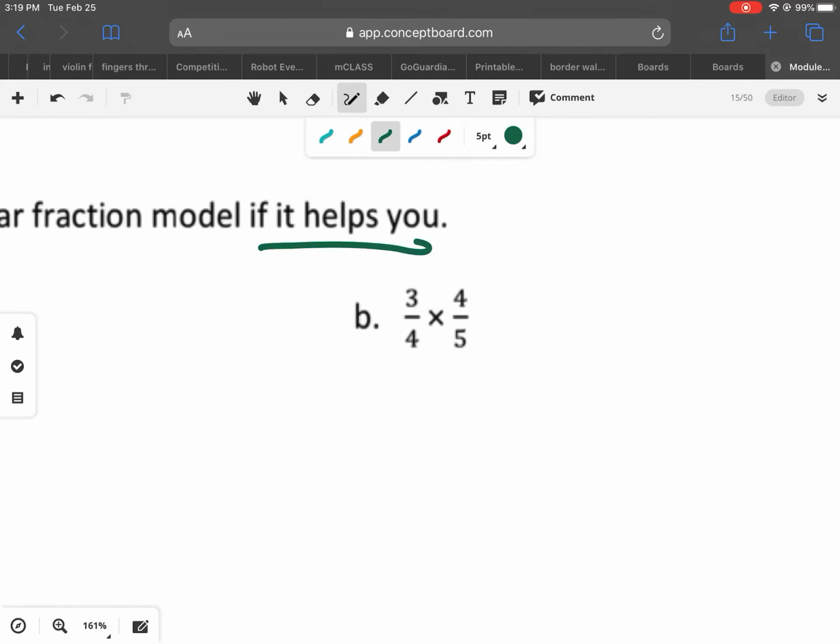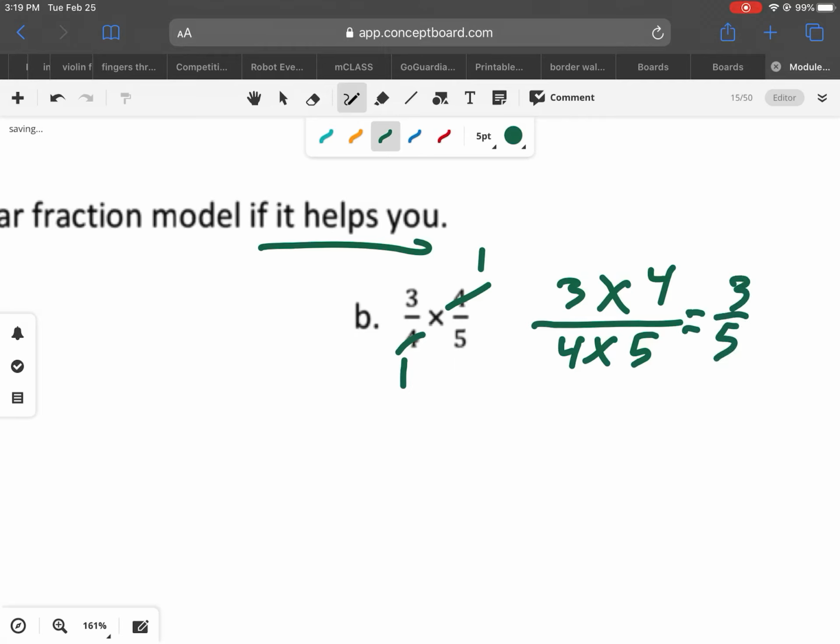Over here, you don't have to draw. If it helps, you can draw one. I don't think it helps me that much. I can cross cancel here. What I'm doing there, boys and girls, it's 3 times 4 over 4 times 5. All I'm doing is changing it to 3 over 5 times 4 over 4.